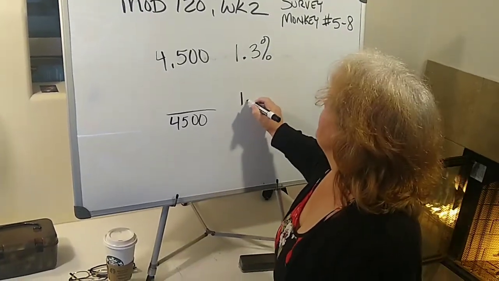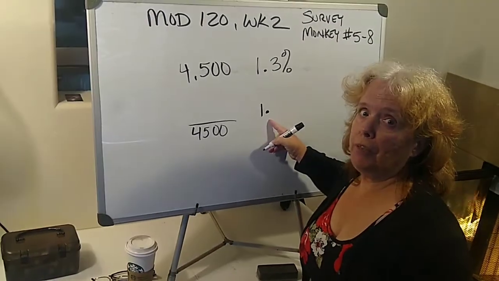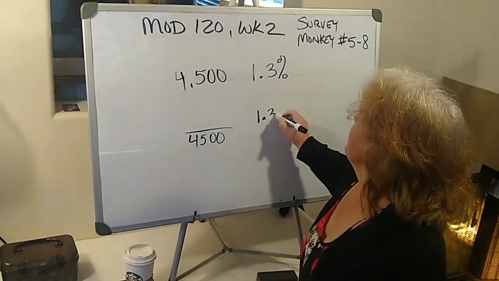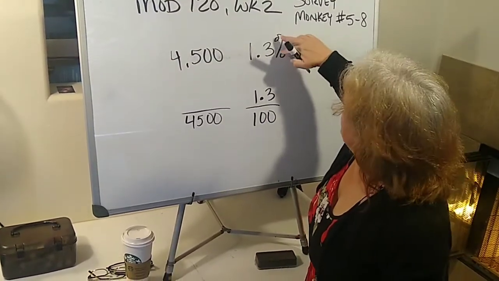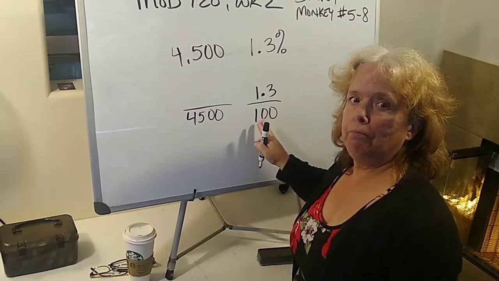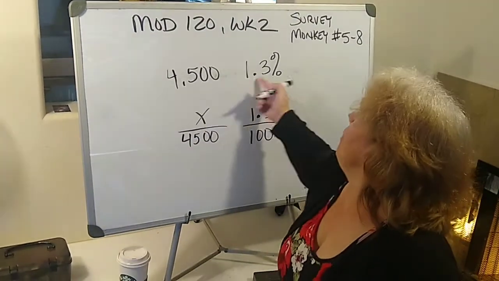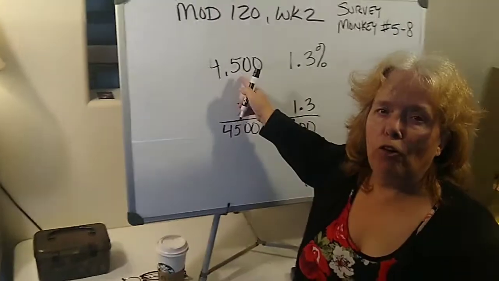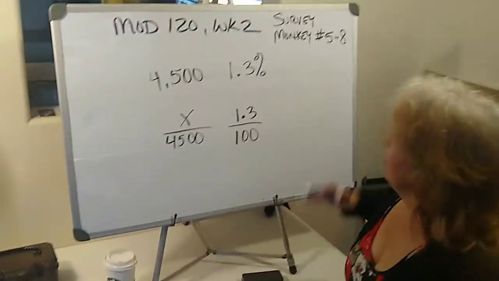So we're going to put 1.3 here. Don't forget that decimal. Otherwise, you're going to get 13%. Okay? Over 100. Just take that symbol, turn it into the 100. All right. So what's missing is, what is 1.3% of 4,500? Okay? So, what do?